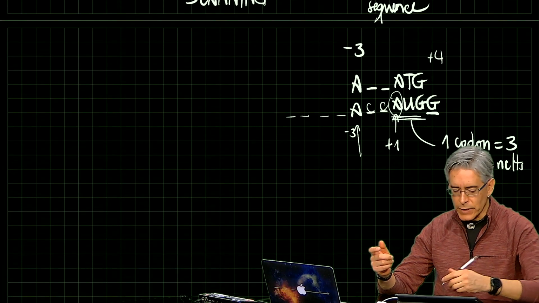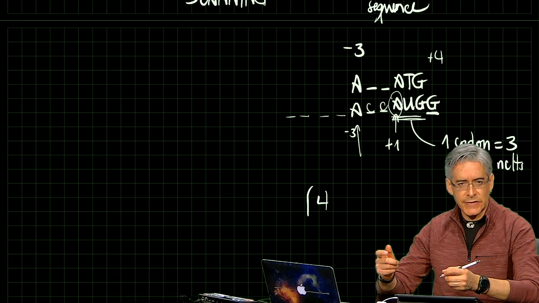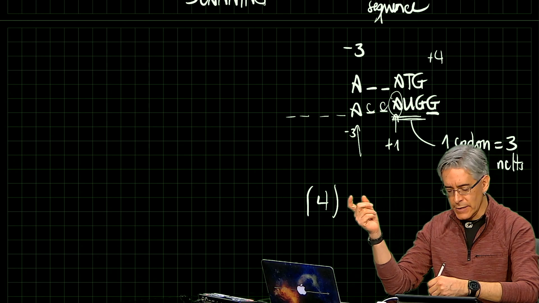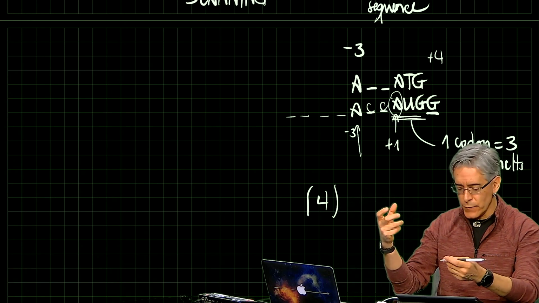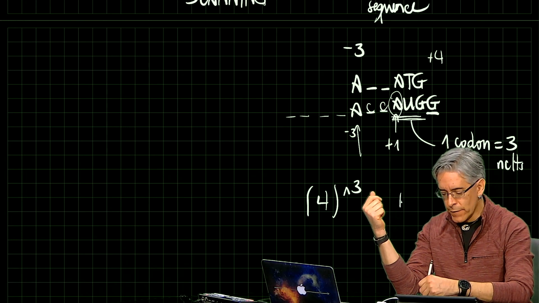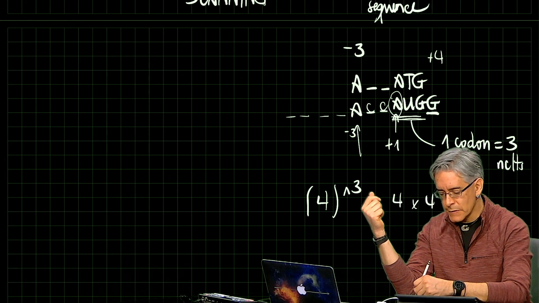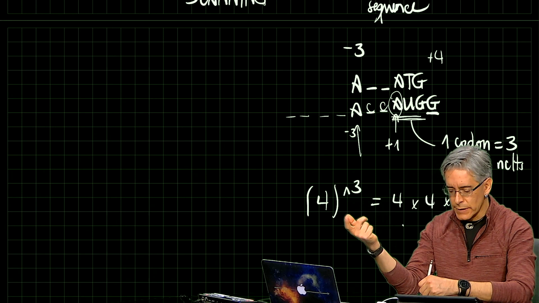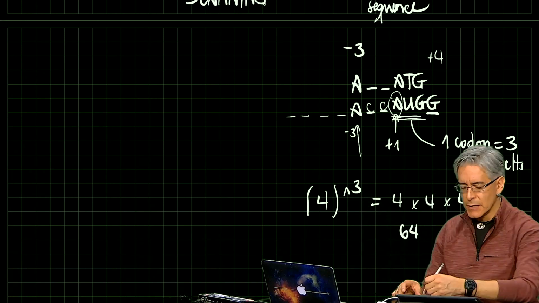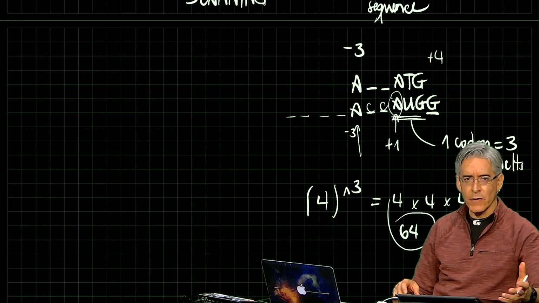And by the way, when you have 4 bases that are going to be read in groups of 3, the total number of combinations will be 4 to the 3, which means 4 times 4 times 4, a total of 64 different potential combinations. So you have 64 potential codons.